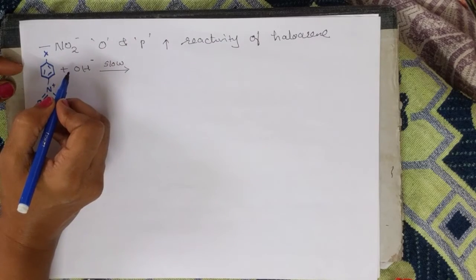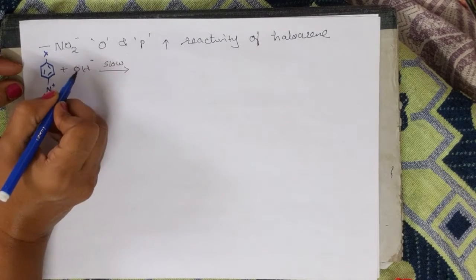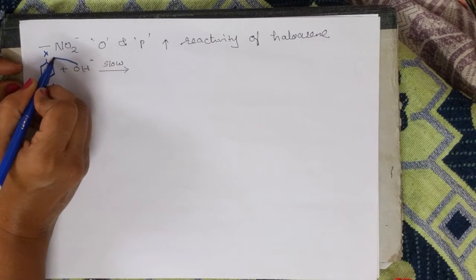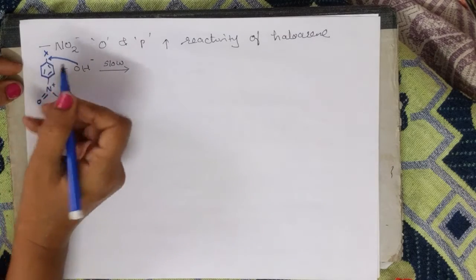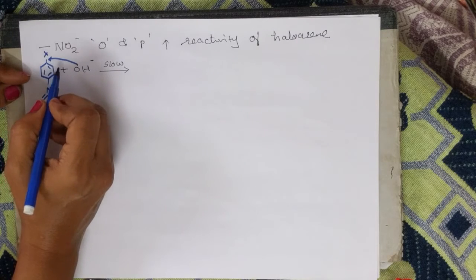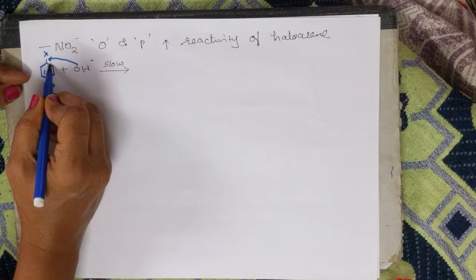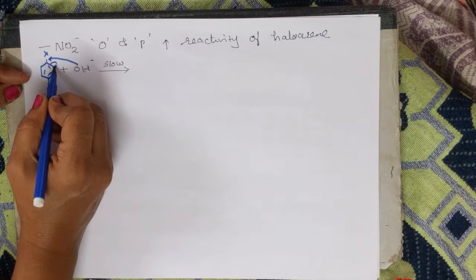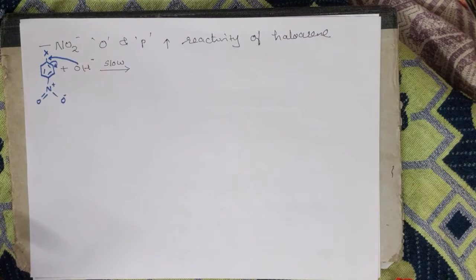This OH minus will attack this bond, and due to the double bond, as previously I showed you, this bond breaks and comes to the oxygen with the negative sign. So the resonance is here.